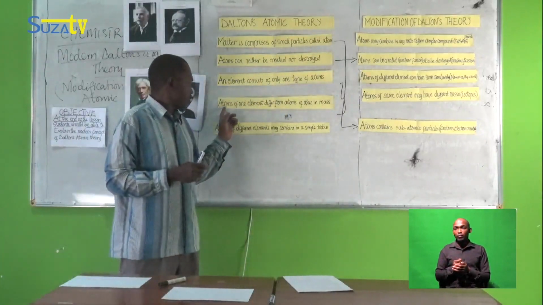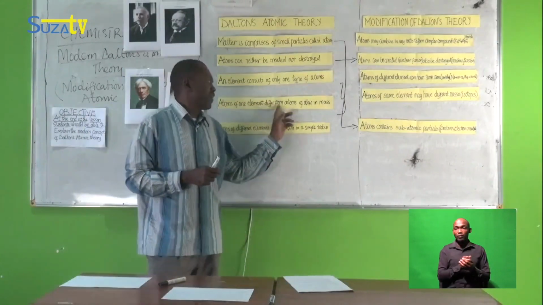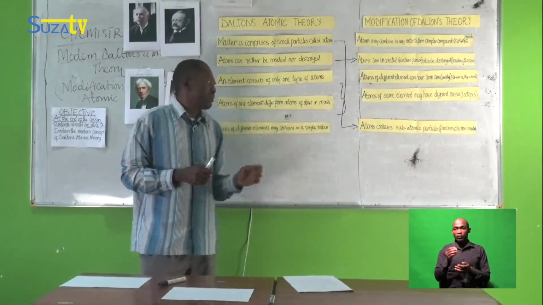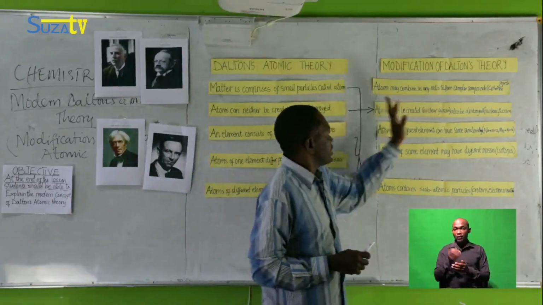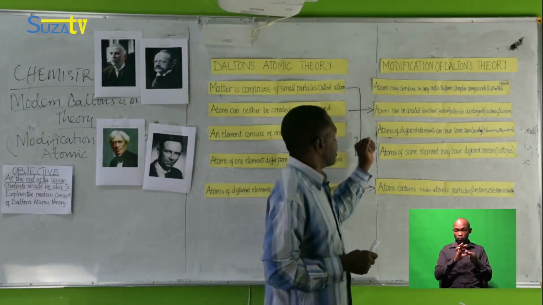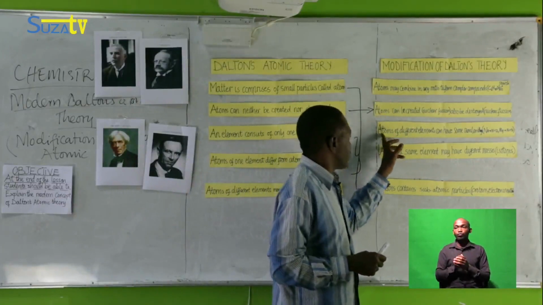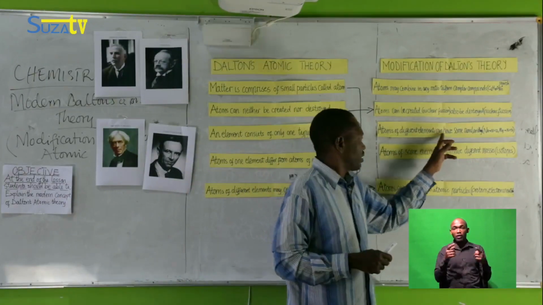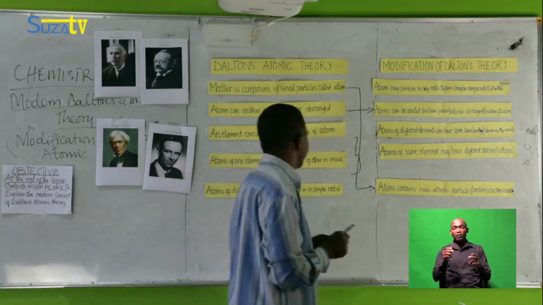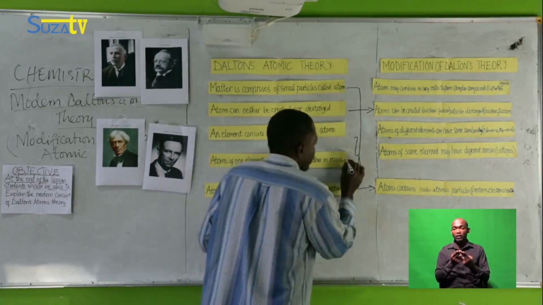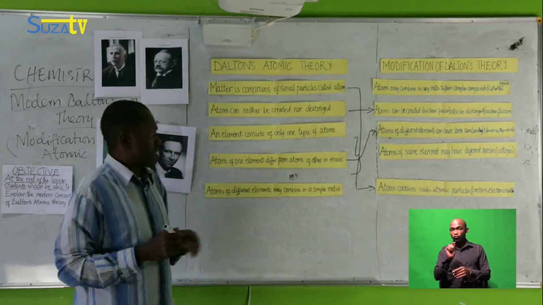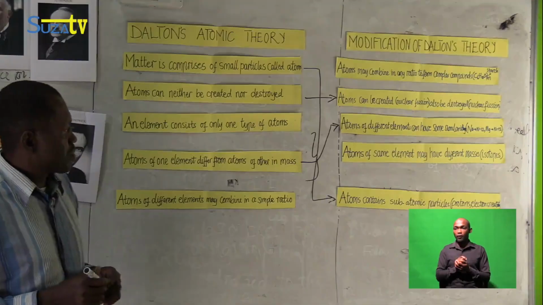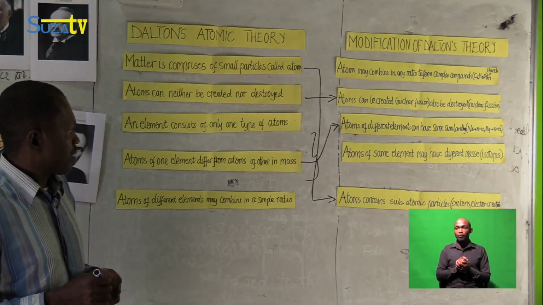In continuation, we have atom of one element differs from atom of another element in mass. So atom may combine, so it is not the target. Also, atom of different element can have same similarity. So this one explains or tries to describe and challenge this postulate of Dalton atomic theory.